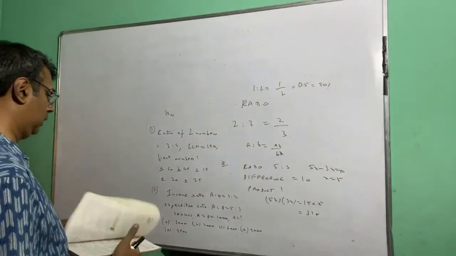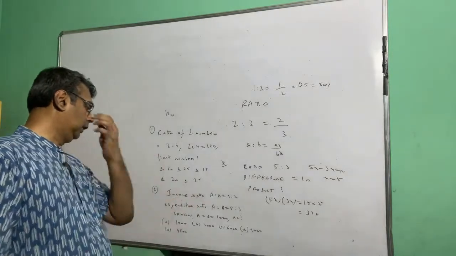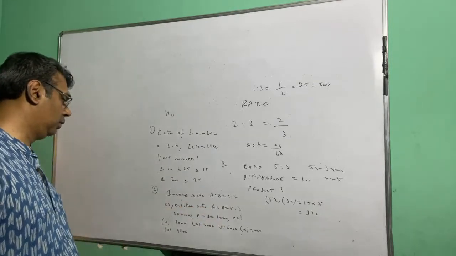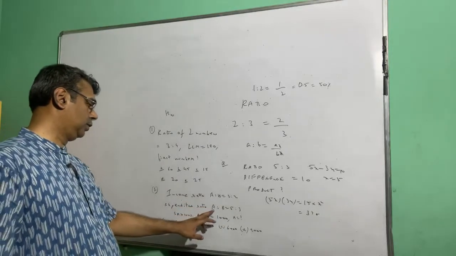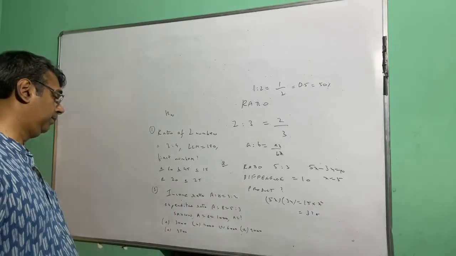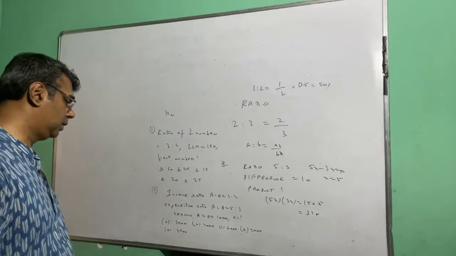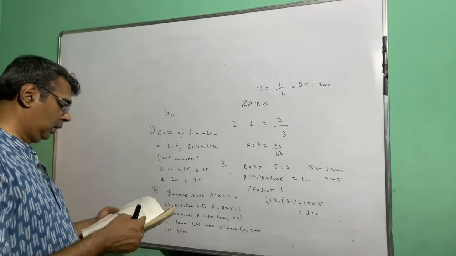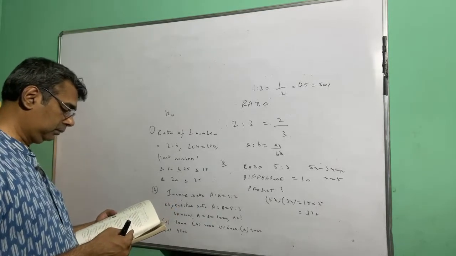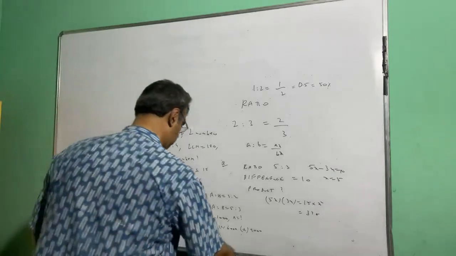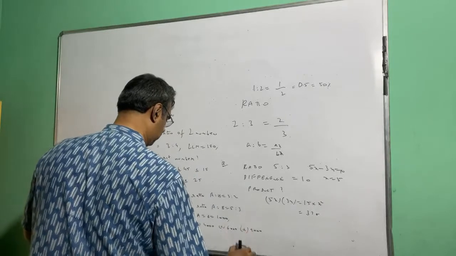Question number 2: the income ratio of A to B is 3:2 and the expenditure ratio of A to B is 5:3. If the savings of A and B are equal to 1000 each, then what is A's income?